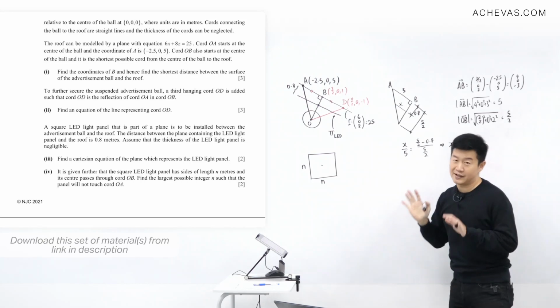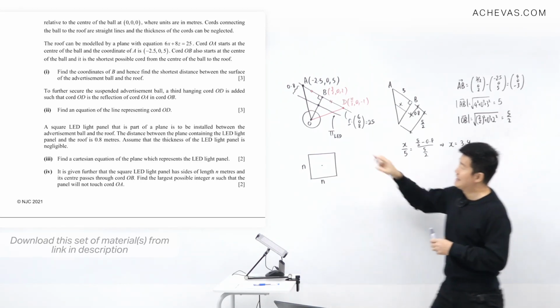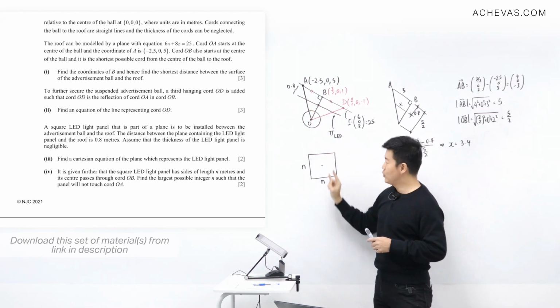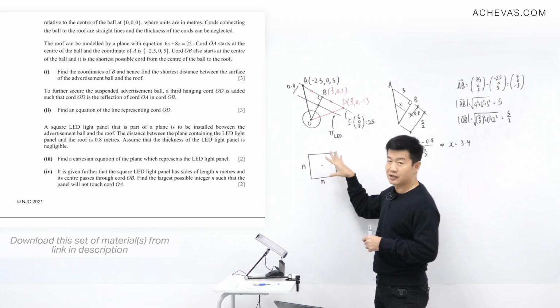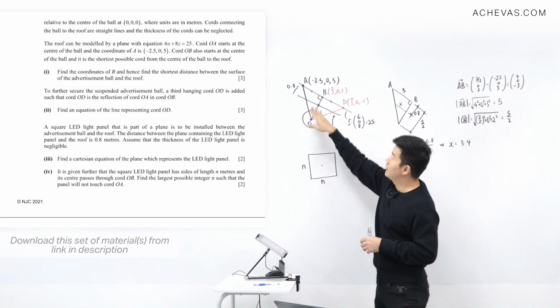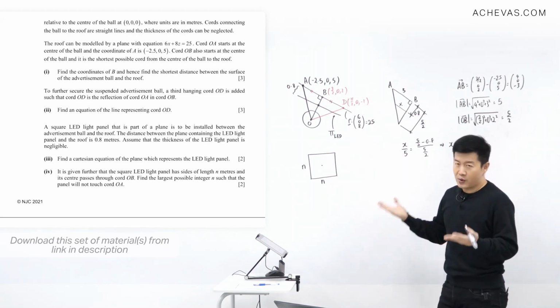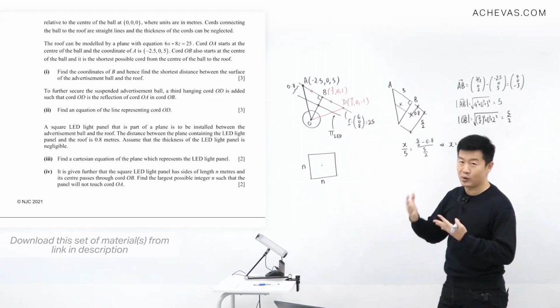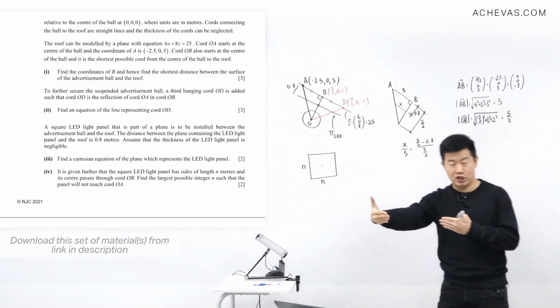Now let's ask ourselves, how are we going to use the fact that this distance here is x to impose a restriction on n such that this square panel will never touch the chord OA? The question didn't tell us the orientation of this panel, so I'm going to go for the furthest reach.